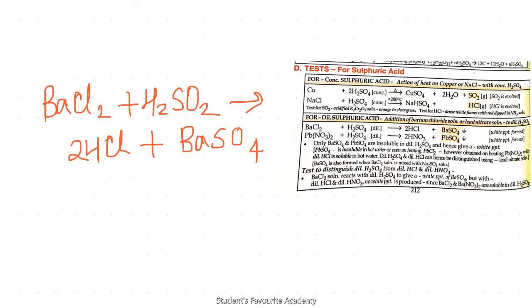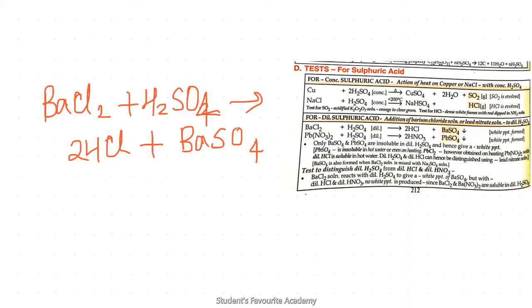First of all, the BaSO4 white precipitate: BaCl2 solution reacts to give a white precipitate, but with dilute HCl or dilute HNO3, no white precipitate is produced. That is the way you can conclude that BaSO4 is formed, because it forms a white precipitate only when it reacts with dilute H2SO4.